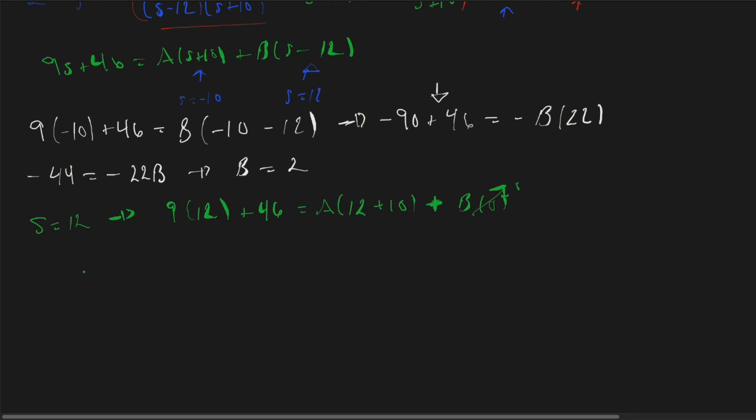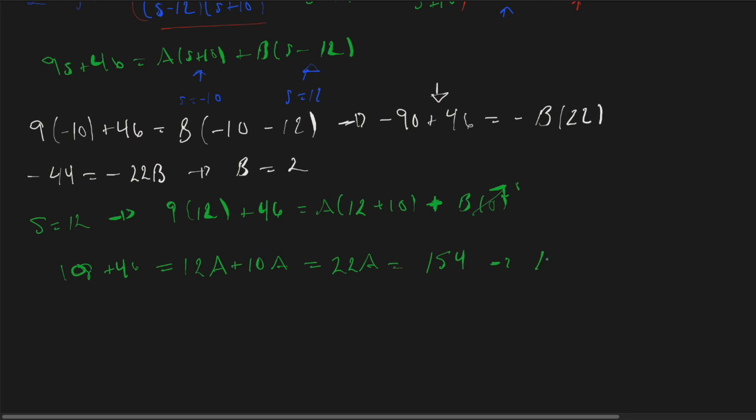We're going to get 108 plus 46 is equal to 12 times a plus 10a, which is also equal to 22 times a, which is also equal to, now doing this term, well, we're going to get 114. 114 plus 40 is 154.